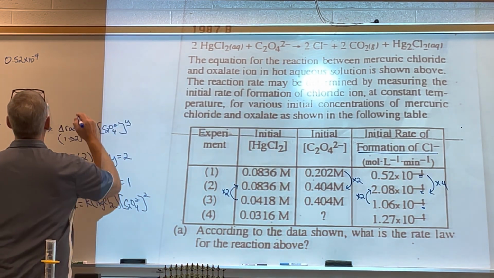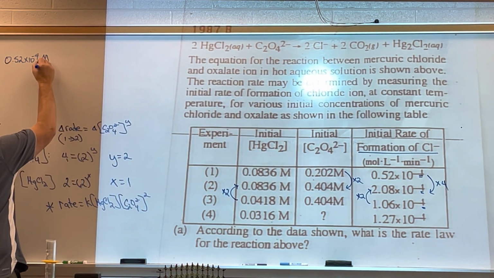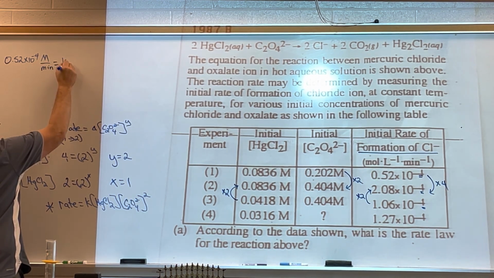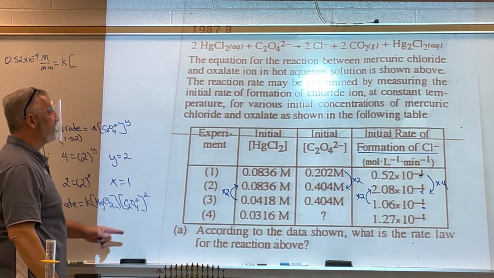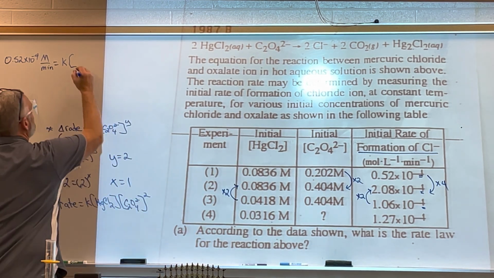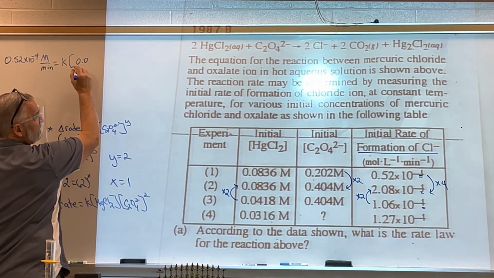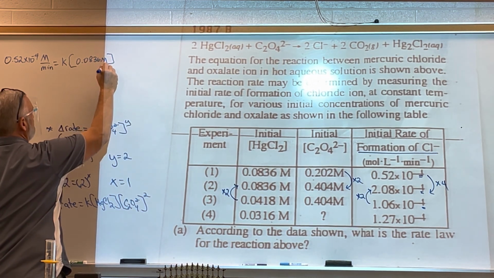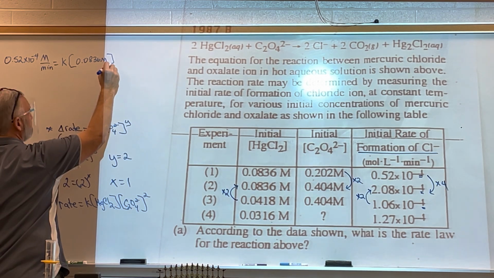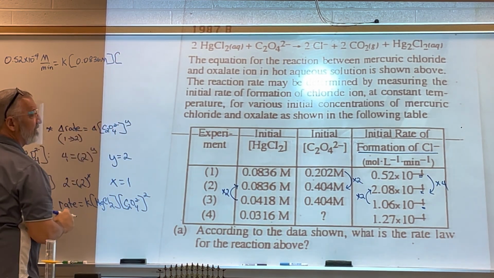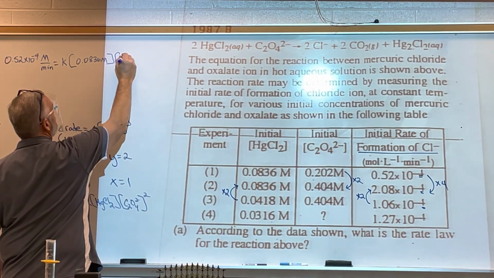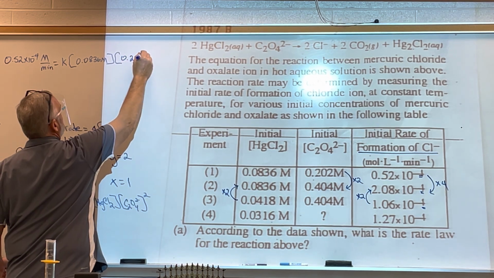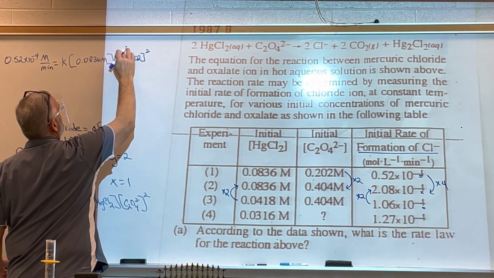So I'm just going to shortcut that to molarity per minute, is equal to K times the HgCl2, 0.0836 molar, to the first power, times 0.202 to the second power.